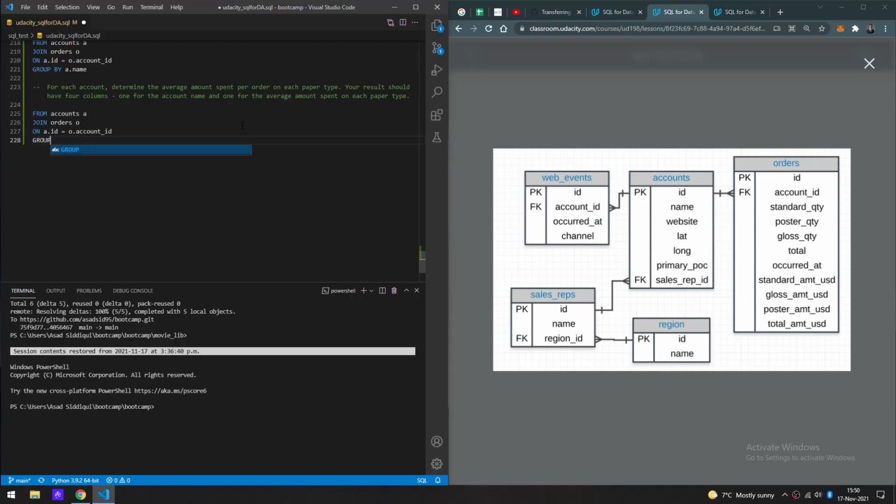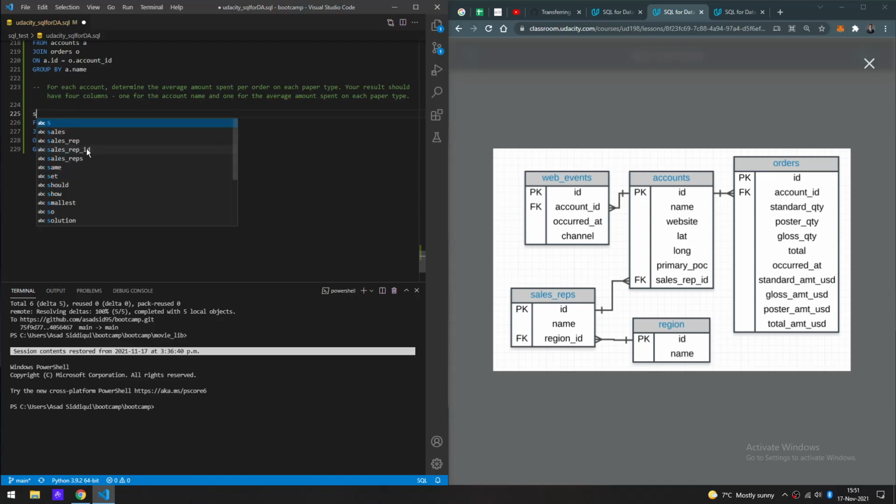Now we're going to do group by, and the reason we're grouping by two things is because it's saying, first of all, for each account, so we need to see that group, as well as per order. So that's going to be account.name, which gives us the account, and then o.id, which gives us each and every order's ID, and that's how we will be able to determine per order.